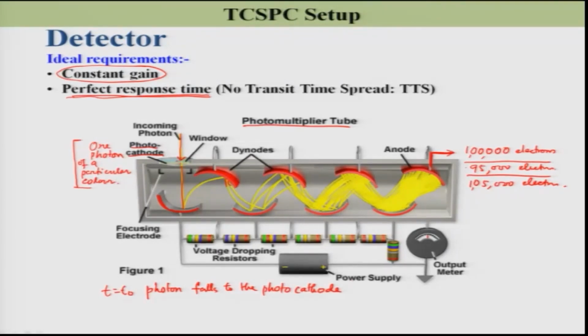Obviously, from here to here it will take time, because none of the processes is instantaneous. It will take some time. Let us say the time taken from the photocathode to the anode, the ejection of this bunch of electrons, is Tt, the transit time.